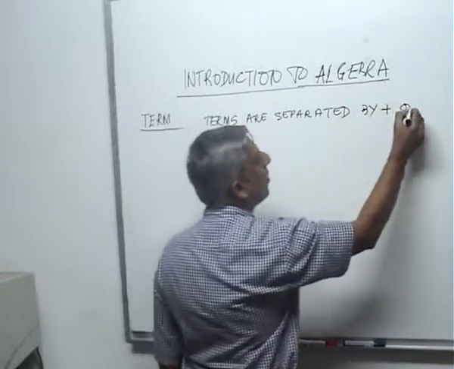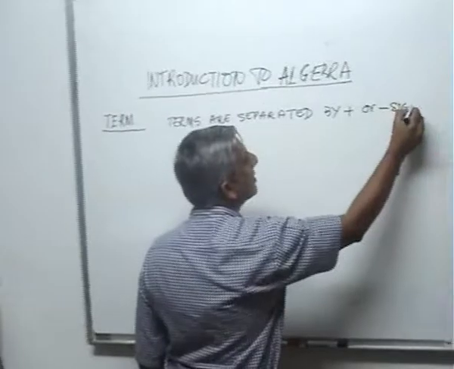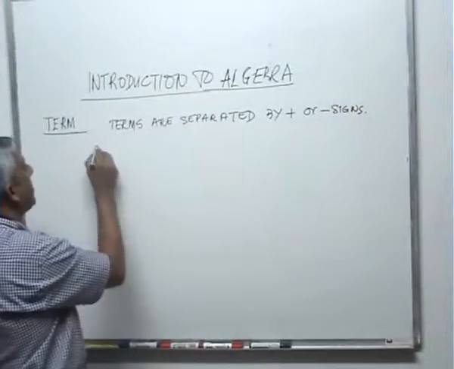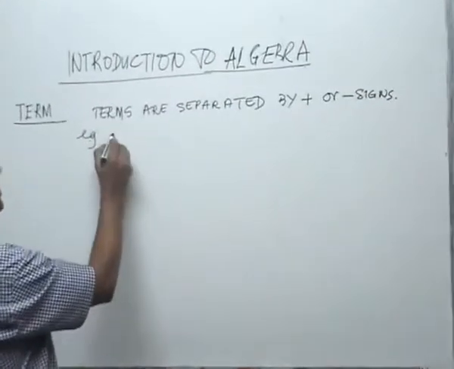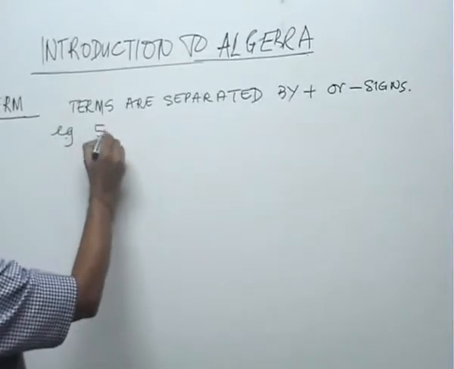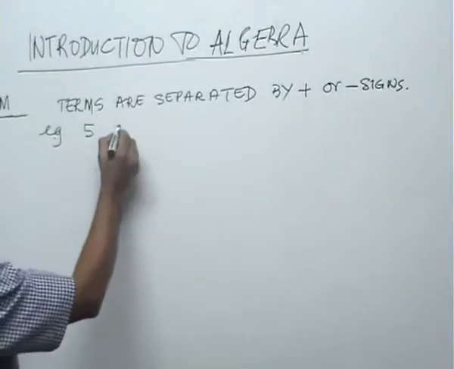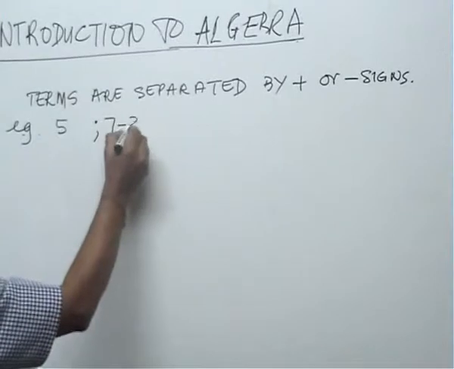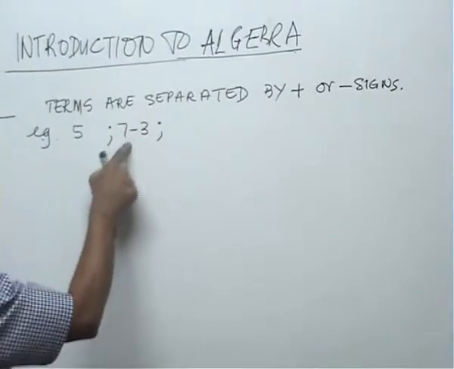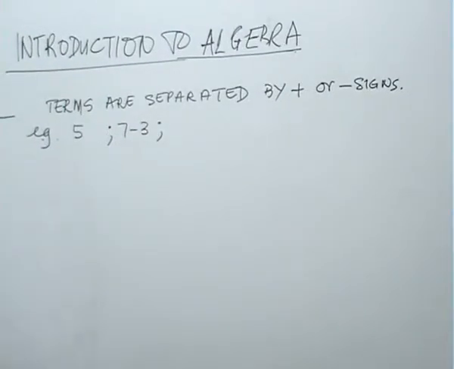By plus or minus signs. For example, 5 is a term. 7 minus 3, here we have two terms.